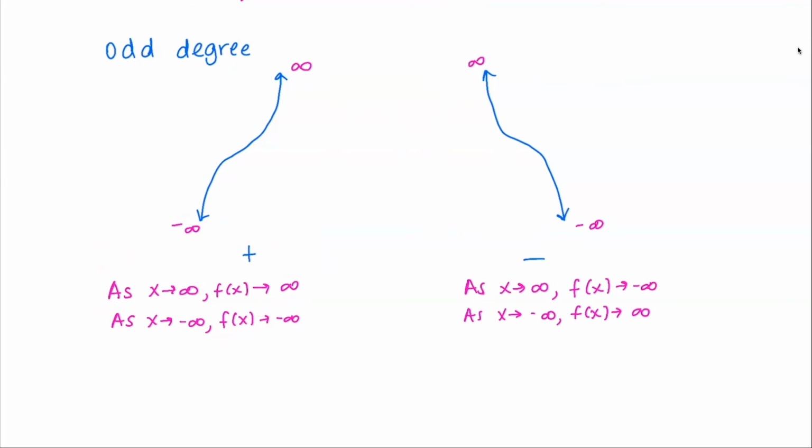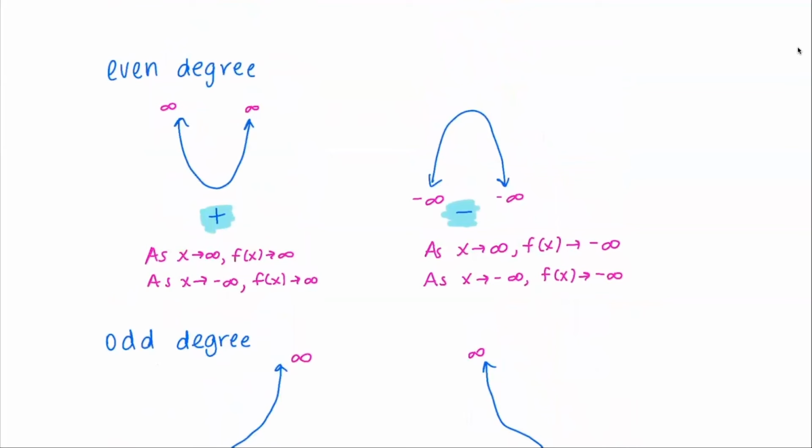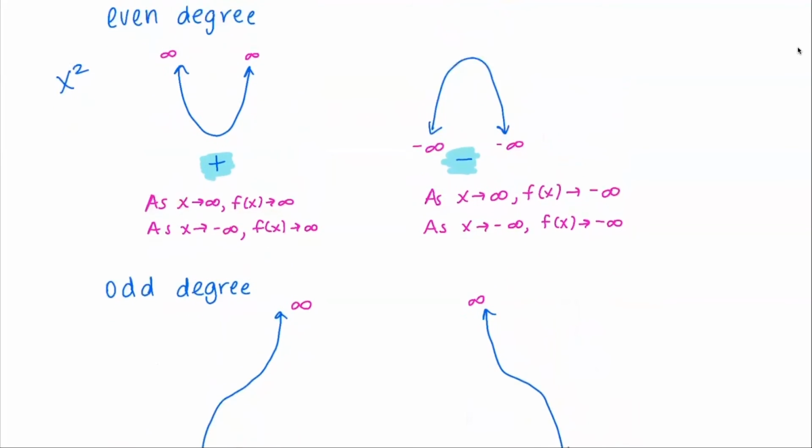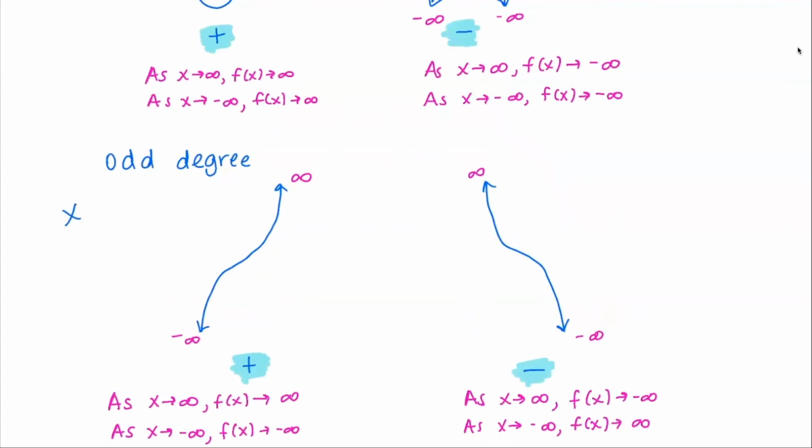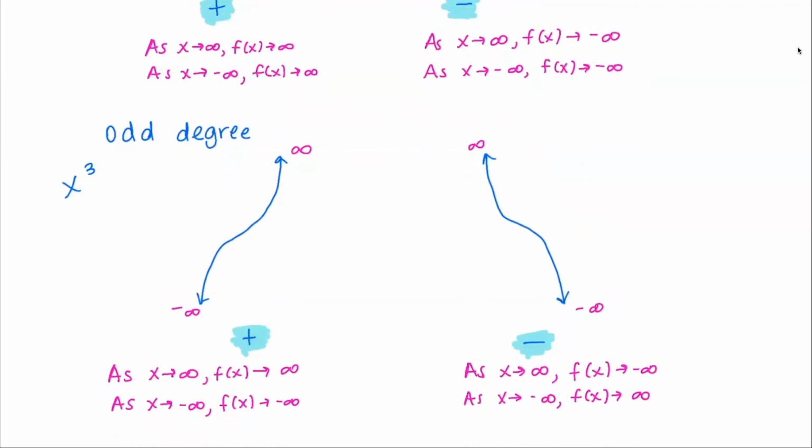So again, with our cubic or our odd degree polynomials, the end behaviors will be opposite. And we can see the difference between a positive leading coefficient and a negative leading coefficient. So again, odd degree polynomial and even degree polynomial: this all follows the behavior of x squared, and this follows the behavior of x cubed.